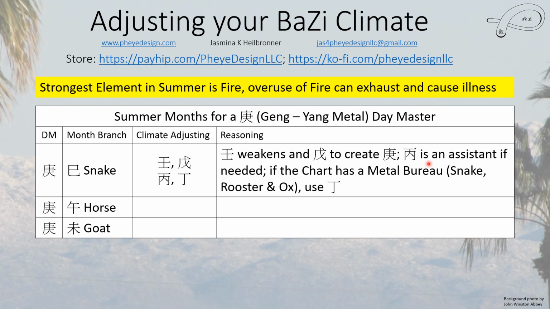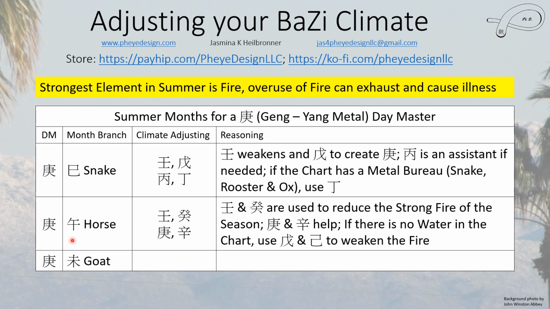If you have enough fire, which is usually at least an average level, then you probably don't need any extra fire. You're probably okay. And if it has a metal bureau, which is the Snake, Rooster, and Ox, then you have to use Ding, but you have to have all three. If you have two but not the third one, it doesn't count. You have to have all three. So this isn't going to be that common.